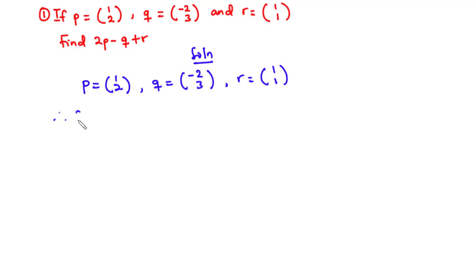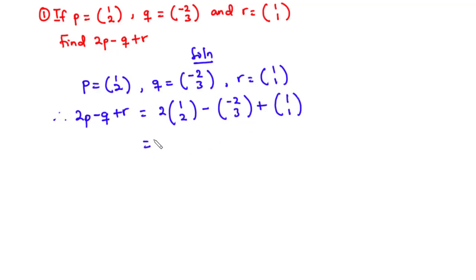Therefore, 2P minus Q plus R is equal to 2 times vector P minus vector Q plus vector R. Now let's multiply the 2 across. So we have (2, 4) minus (negative 2, 3) plus (1, 1). Now we can treat this as one vector.